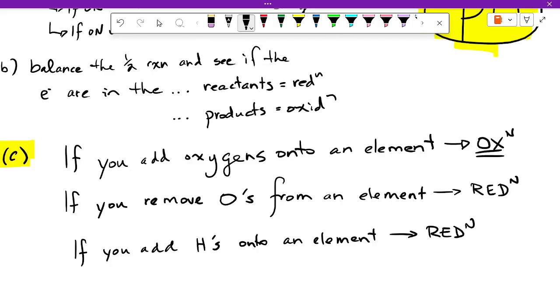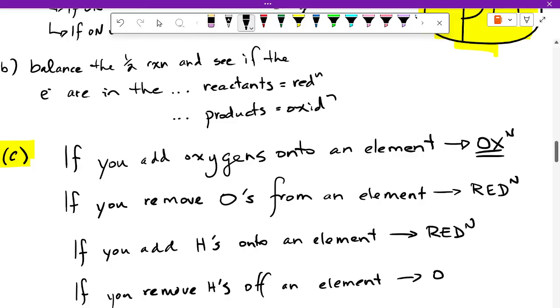So are we going to be doing anything with metals in biology? No. Okay. So if you add hydrogens onto an element, it is almost always reduction. And if you remove hydrogens off an element, why did I spell element with 2 L's? That's weird. Okay. Element, that is oxidation.